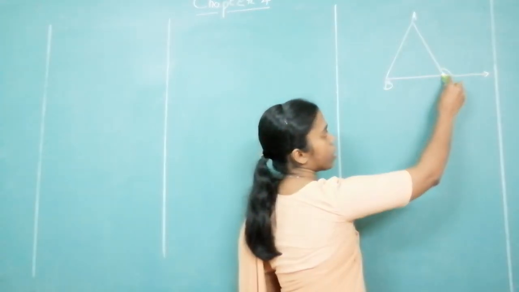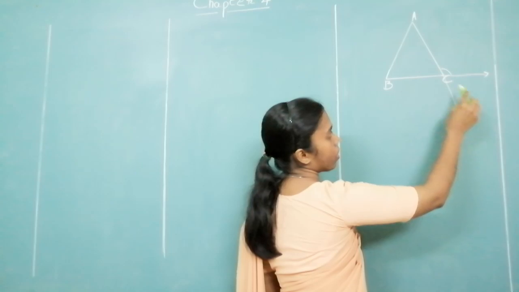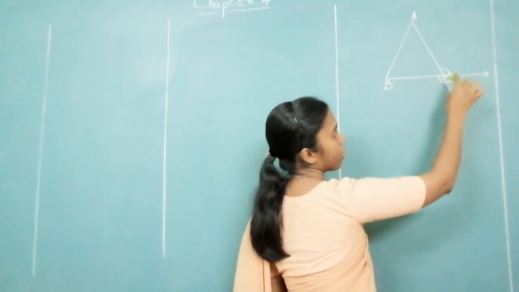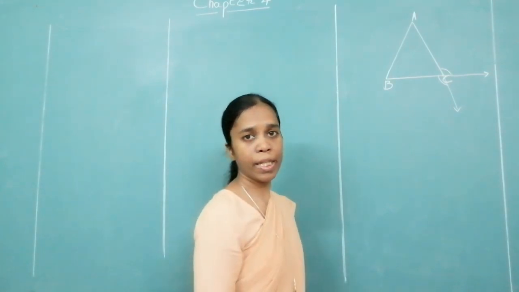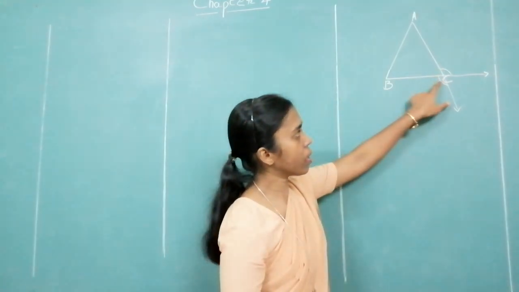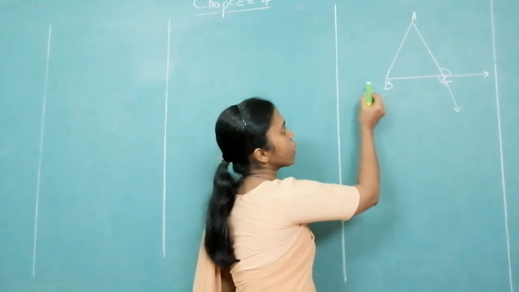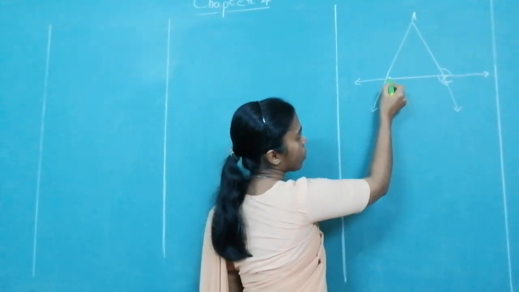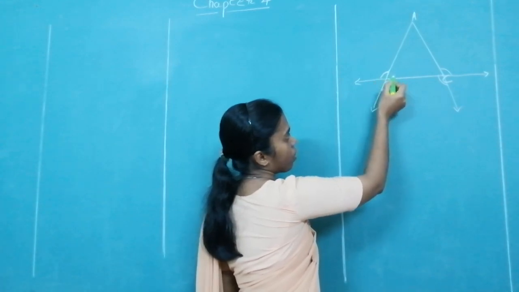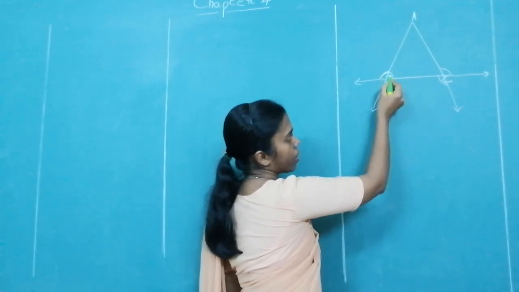Similarly, I can extend this line also over here. I get one more angle because this and this are adjacent angles which form a linear pair. Similarly, I can do it on all sides of the triangle. You can see that this gives a linear pair adjacent angle.